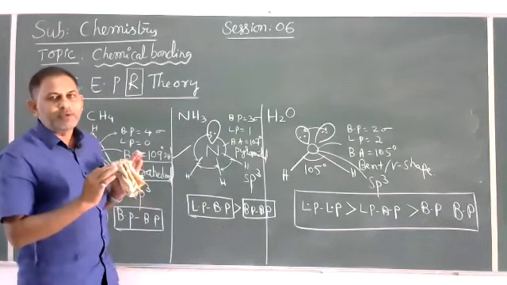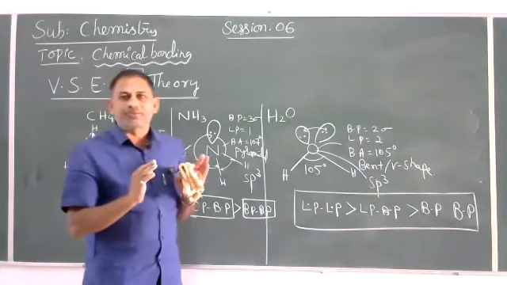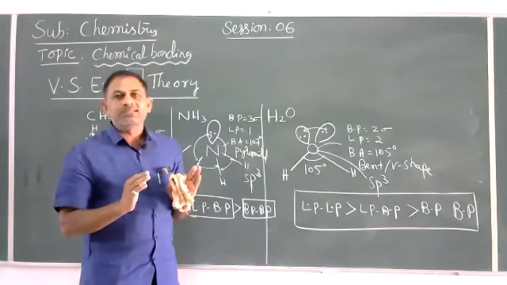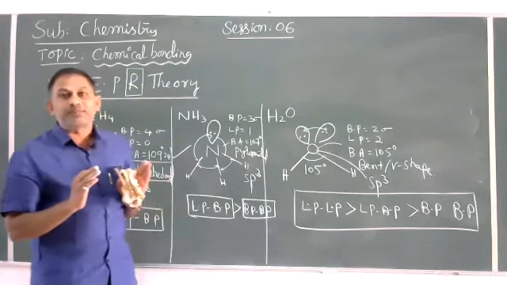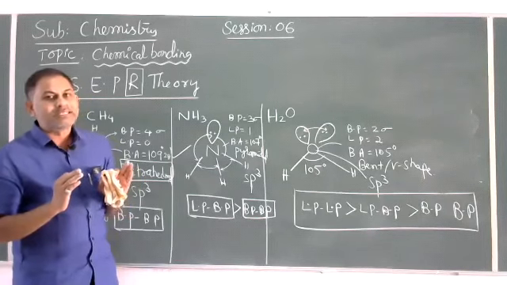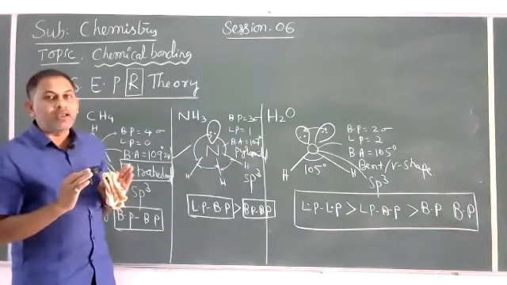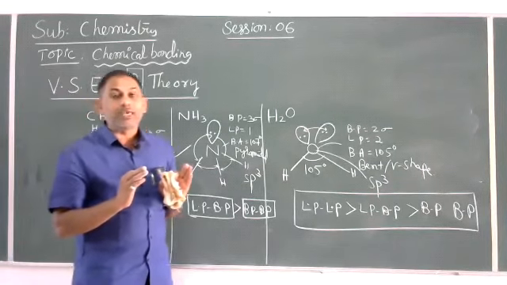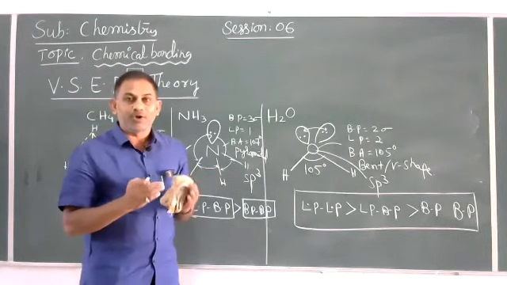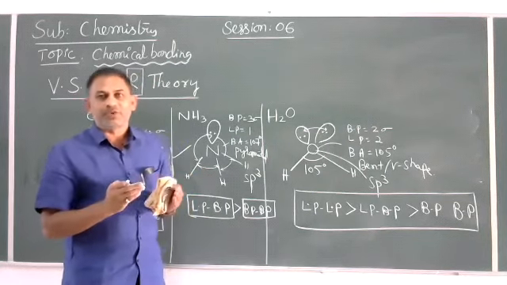According to VB theory, the general regular shape is explained only by using sigma bonded electrons, not by pi bonds. But it doesn't explain anything about pairs of electrons, lone pairs and bond pairs. Only regular shape is explained.